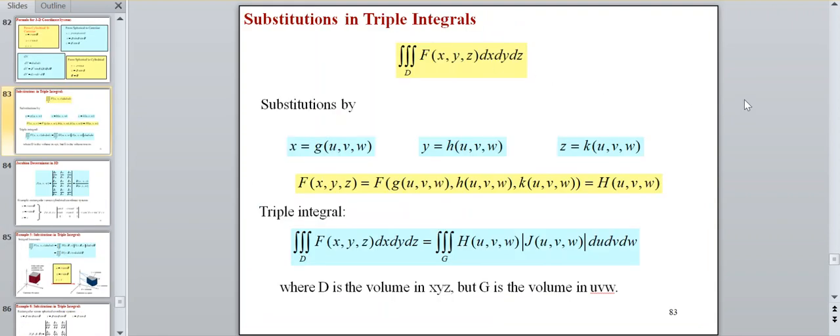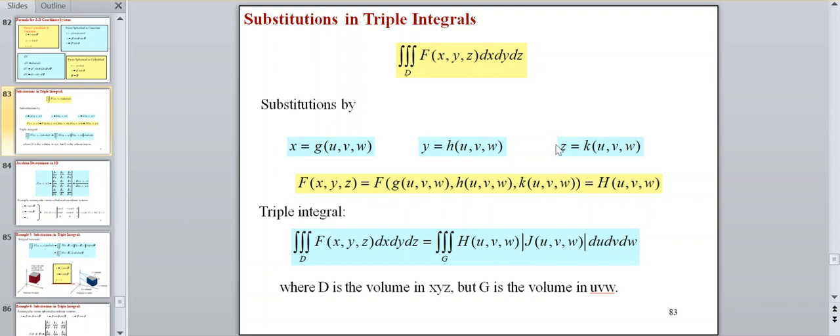Okay guys, next we are going to talk about substitutions in triple integrals, which is very important. So listen very carefully. Let's say we have a triple integral of f of x, y, z dV, dx dy dz, in the Cartesian coordinate system on a region D. Just like single integrals and double integrals, we can use substitution for triple integrals to make the calculations easier.